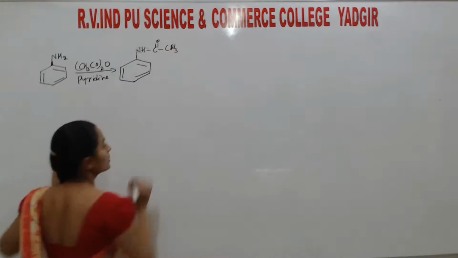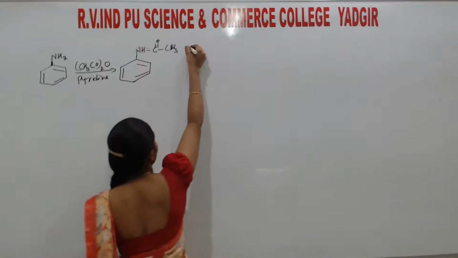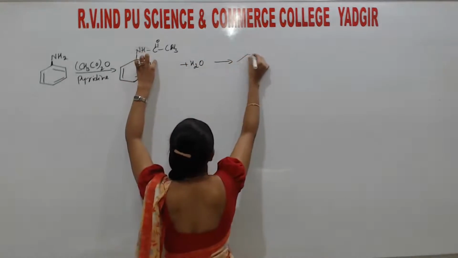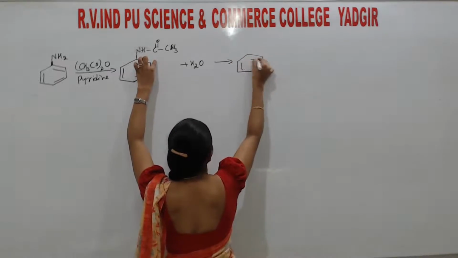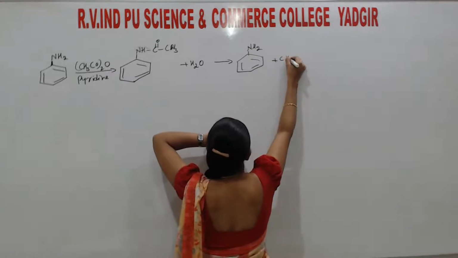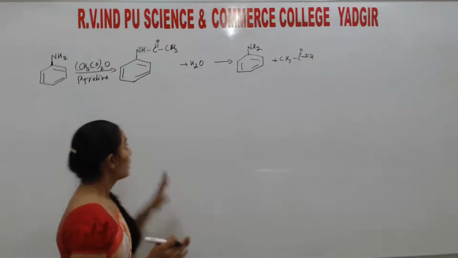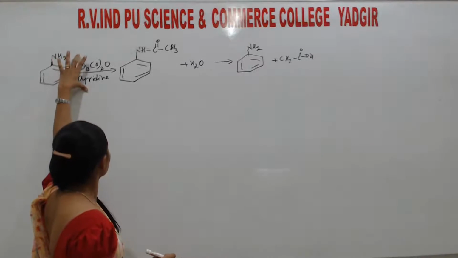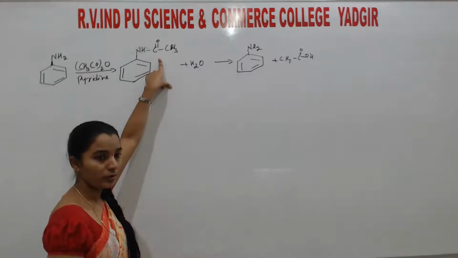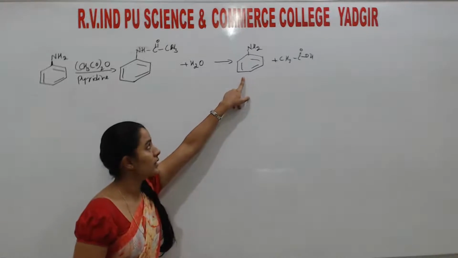So when this group is protected, followed by hydrolysis, it changes again to the NH2 group, with acetic acid, CH3, C double bond O, OH. This amine, on reaction with acetic anhydride in presence of pyridine, gives this type of compound, right? So followed by hydrolysis, it again gives this amine.